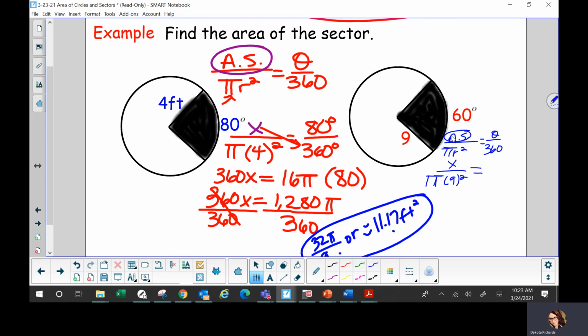What is your arc measure? Now let's cross multiply. I'm going to do the part with X first. That gives me 360X. And then what is 9 squared? So that's 81 pi.